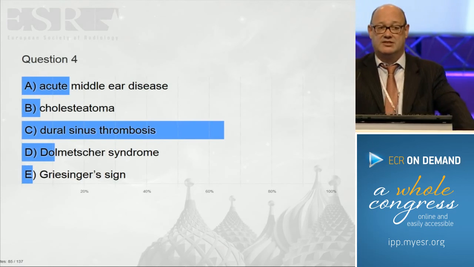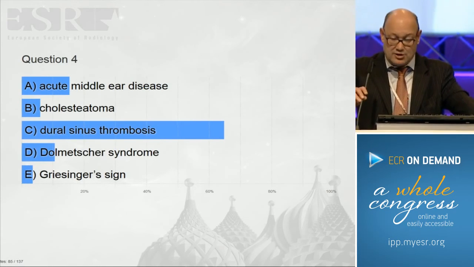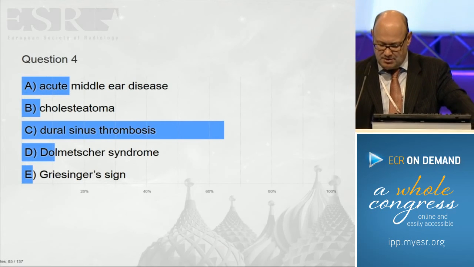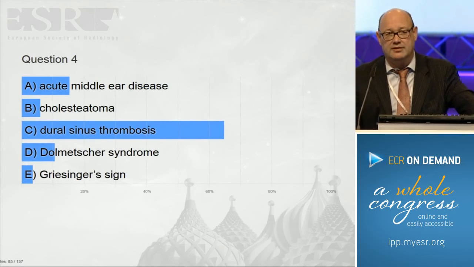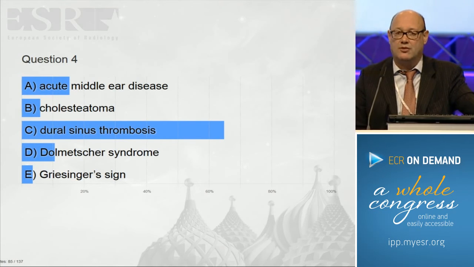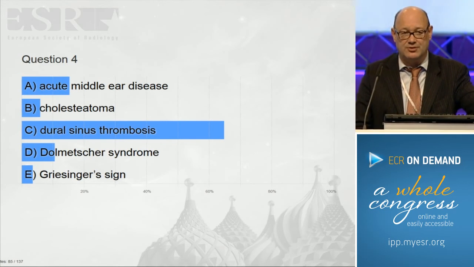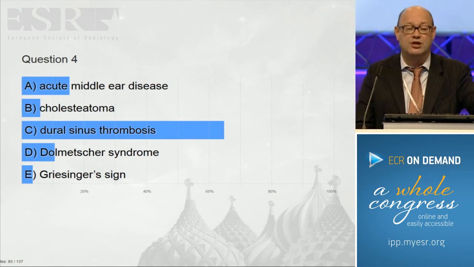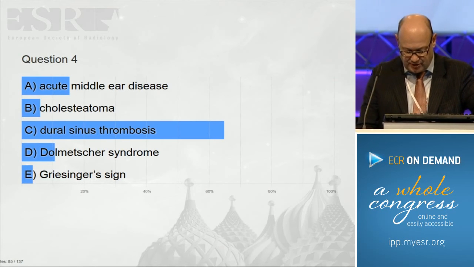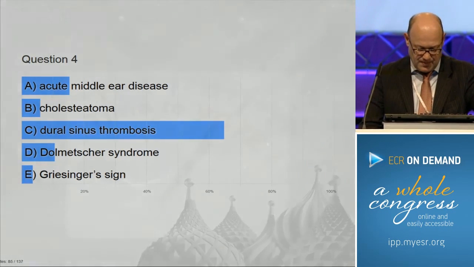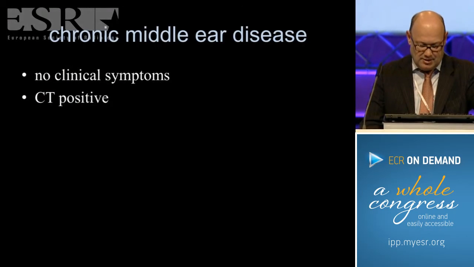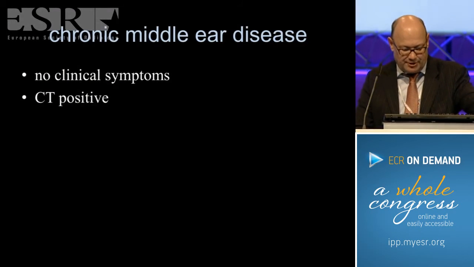Okay, excellent. I think this is a tough one, because one of the difficult problems to solve is ruling out sinus thrombosis. And when you're confronted with a child with a possible dural sinus thrombosis, you will make every effort to make sure you don't miss the diagnosis. So very good of you. Actually, it was not chronic middle ear disease.